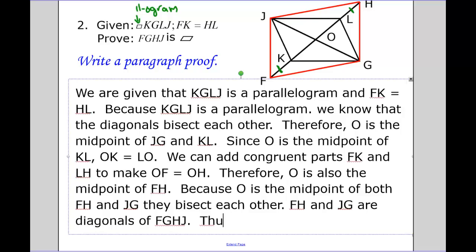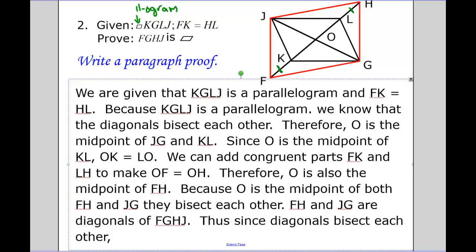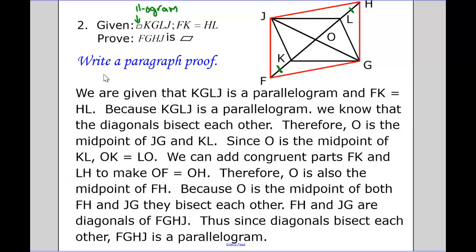Thus, since diagonals bisect each other, FGHJ is a parallelogram. Okay? So that's how you would prove, using a paragraph proof, how it's a parallelogram. You could also do it in a formal 2-column proof, but the paragraph proof makes this a little bit easier.